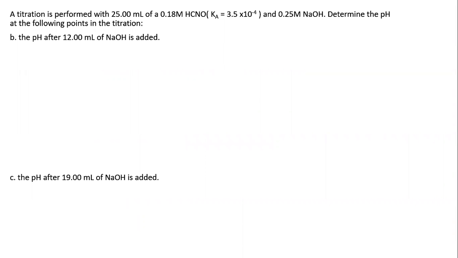The next one is we want to determine the pH after 12 milliliters of sodium hydroxide is added. So again, our equation is this. First what we need to do is determine how many moles of weak acid we start with and how many moles of strong base we start with.